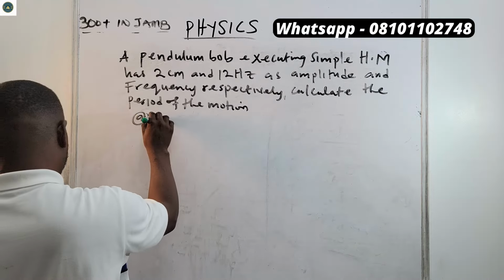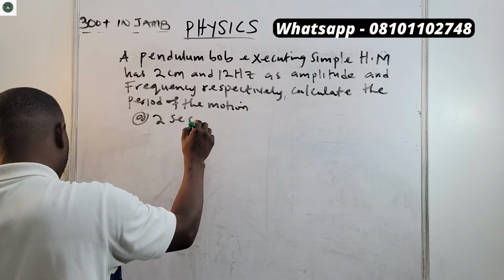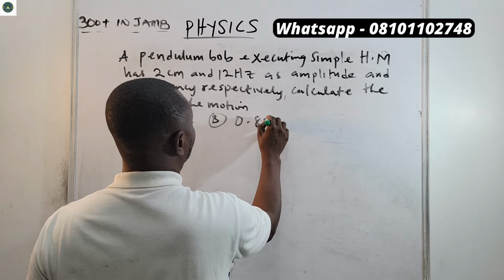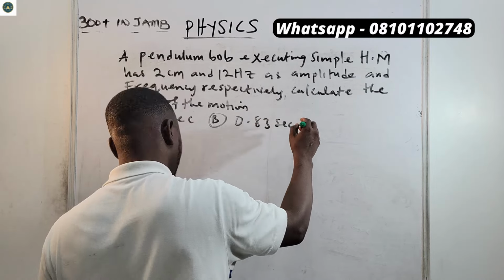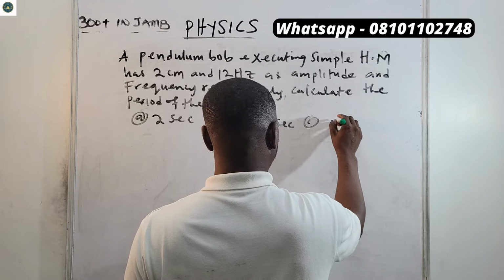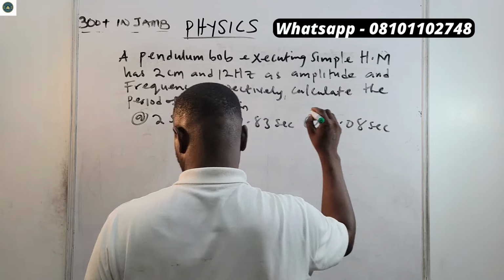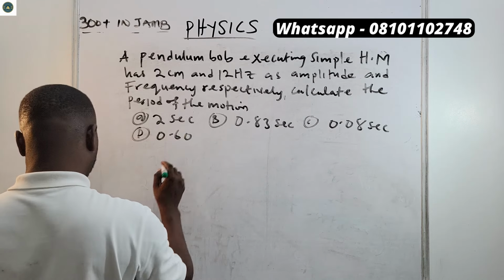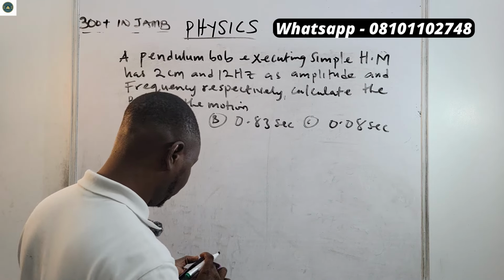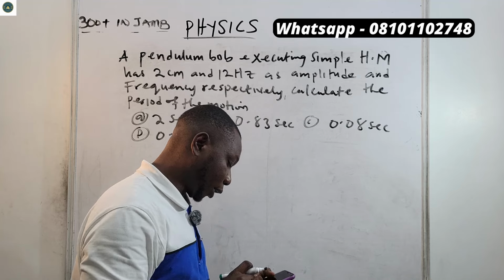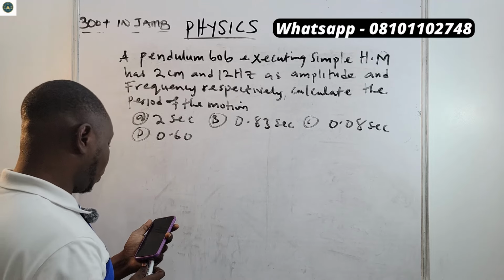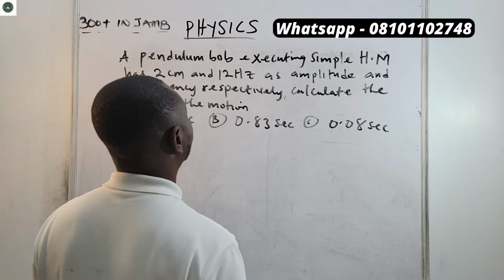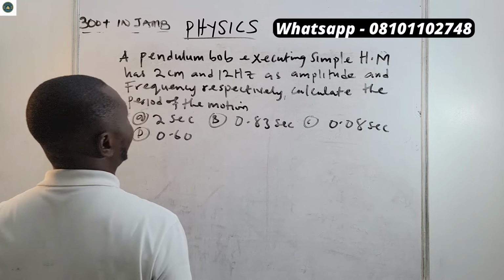We have the options 2 seconds, 0.83, 0.08, 0.60. Okay, now the question says they want us to calculate the period of the motion. How do you get the period?